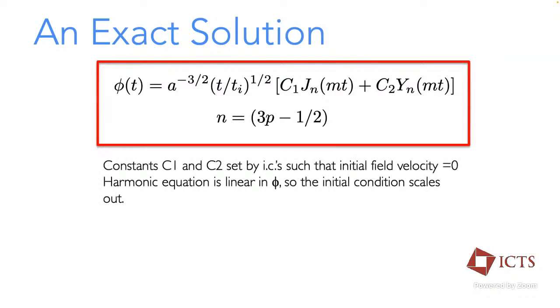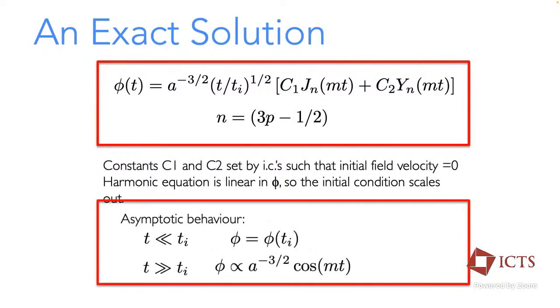The constants C1 and C2 are set by the initial conditions. But the asymptotic behavior: at early times, if I take the time to be very small, the field is approximately constant. If I take the time to be very large, then the asymptotic behavior of the Bessel function gives that the field goes like phi, a to the power minus 3 halves, cosine mt. So the field oscillates forever, but it's damped by the expansion of the universe.